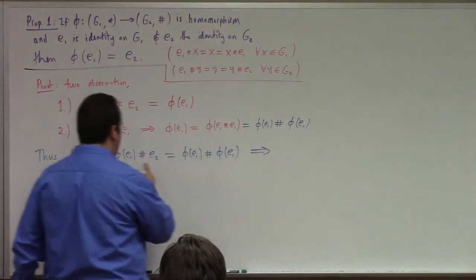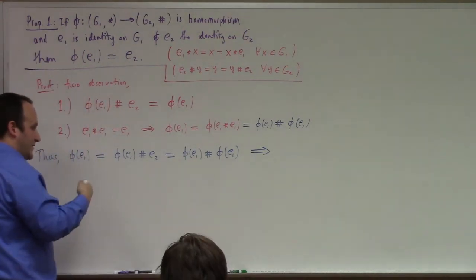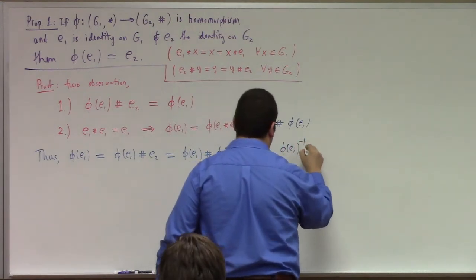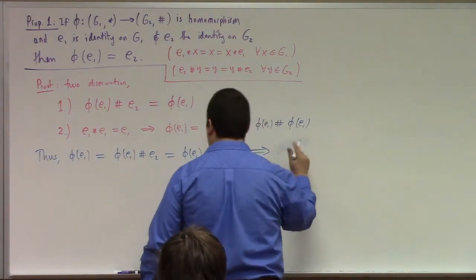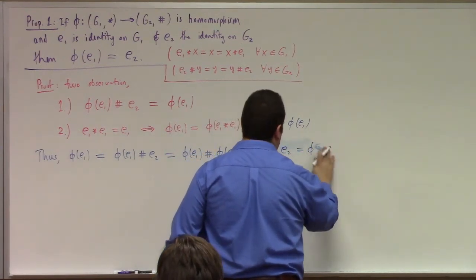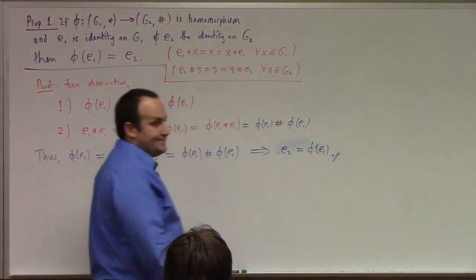By cancellation, or multiply both sides on the left by phi of E1 inverse if you like. I'm just going to get to the point here. So thus E2 is equal to phi of E1. Done.